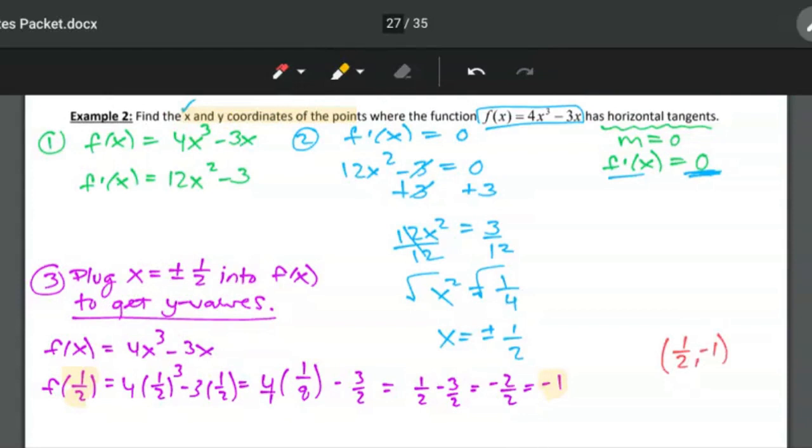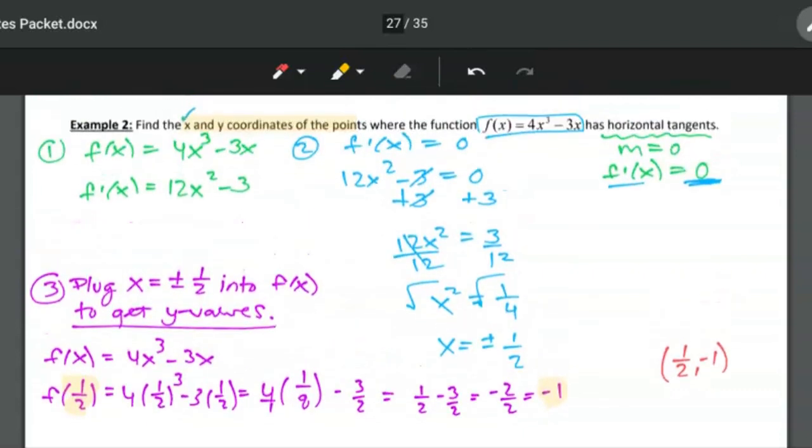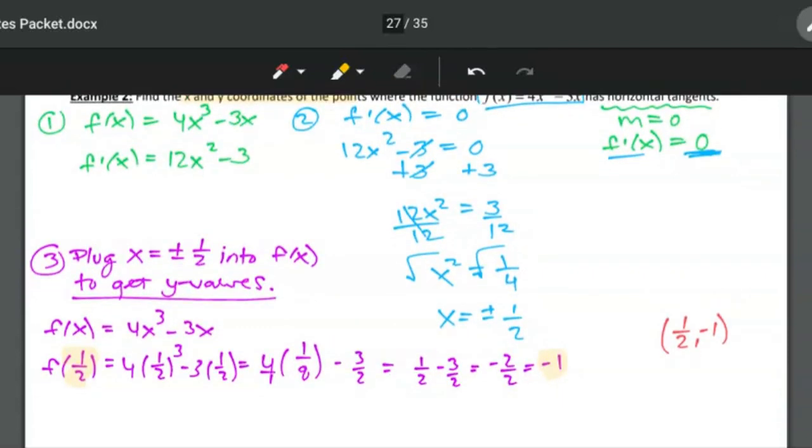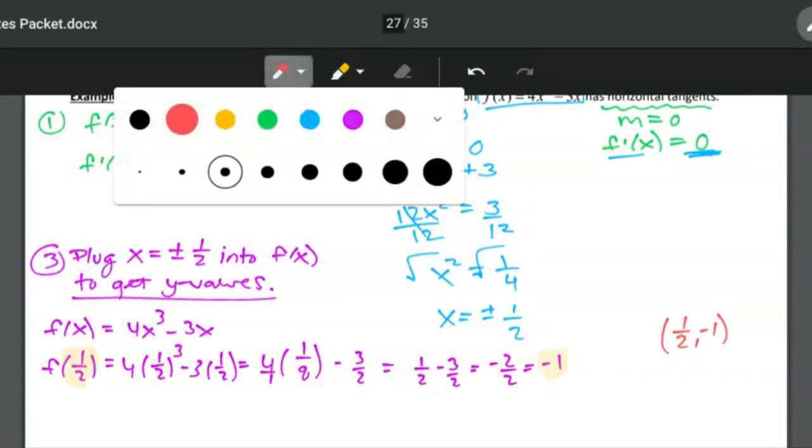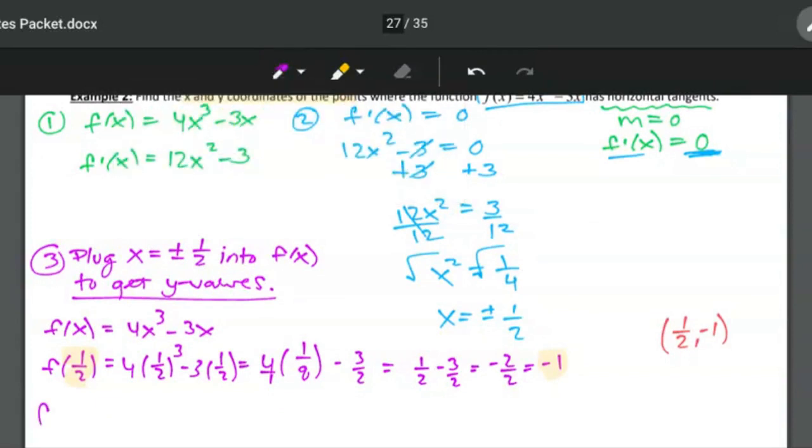All right. And let's try the other one, negative 1/2. So if we plug in f of negative 1/2, 4 times negative 1/2 to the third minus 3 times negative 1/2. Kind of a lot of the same math, maybe just some different signs. We'd get 4 times negative 1/8 plus 3/2.